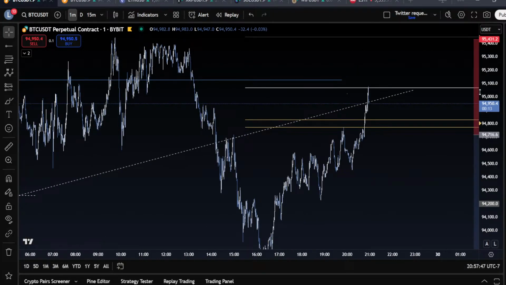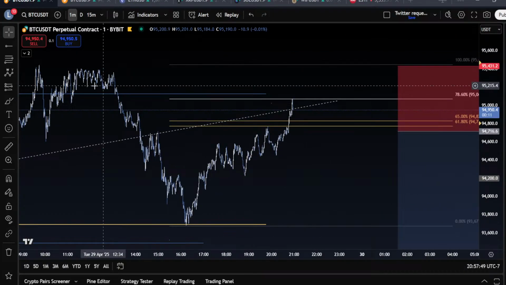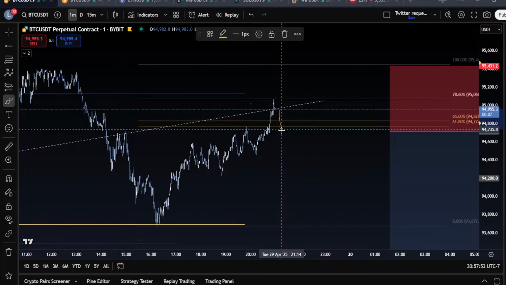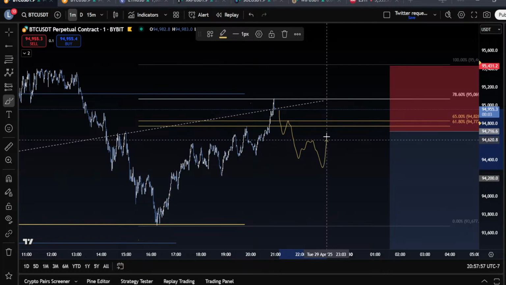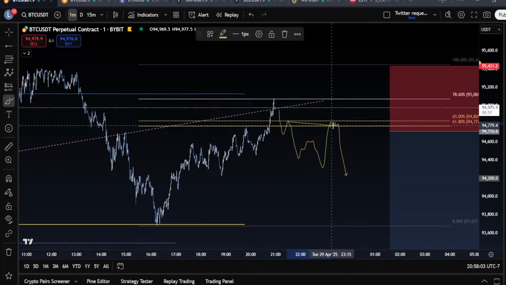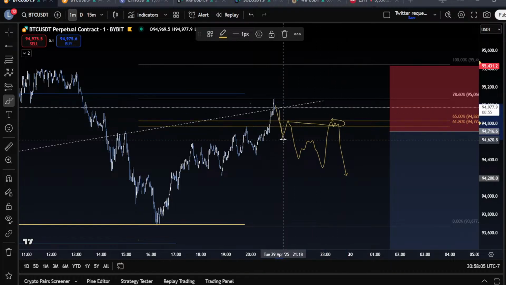You can't help but think, let's just say price gets really weak from here, but you just aren't getting back into the short with something a little bit more clear.